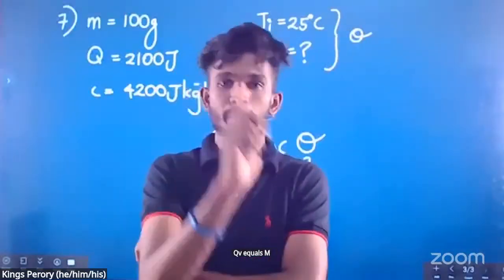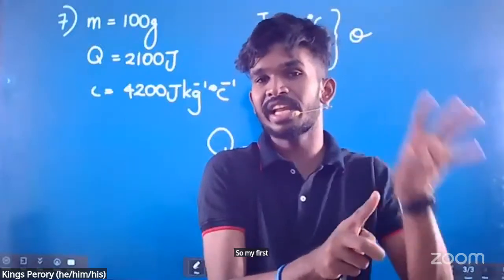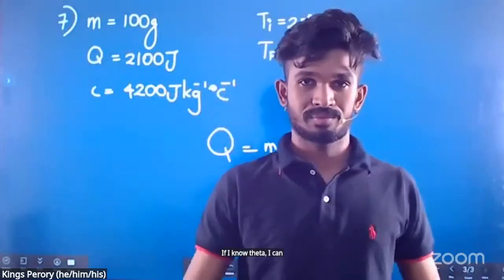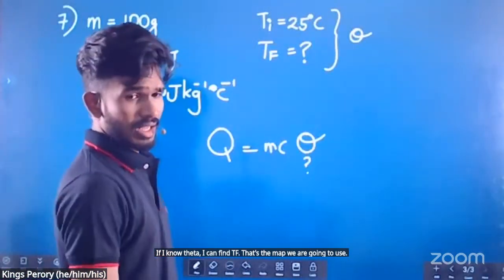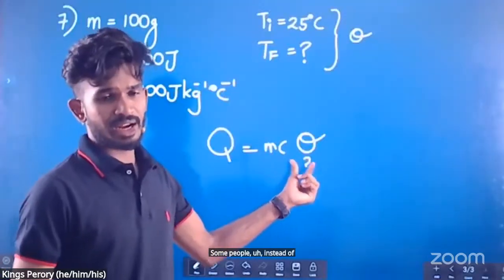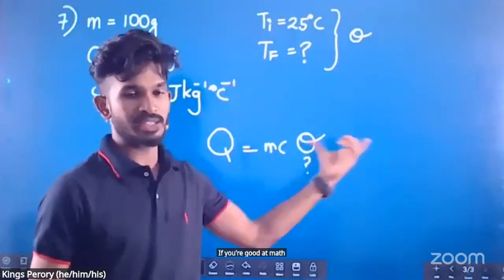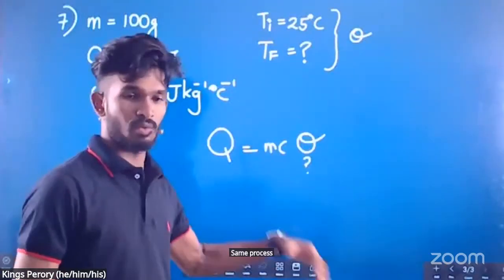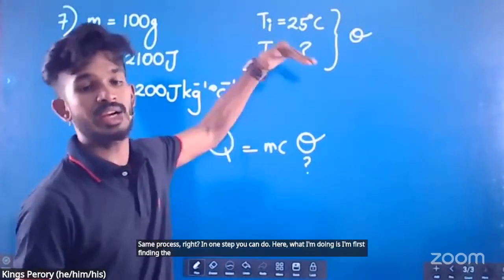Q, M and C are given, theta is missing, so my first priority is to find theta. Some people directly write Tf minus Ti instead of theta. If you're good at maths, you can do it in one step. Here I'm first finding theta, then finding Tf.